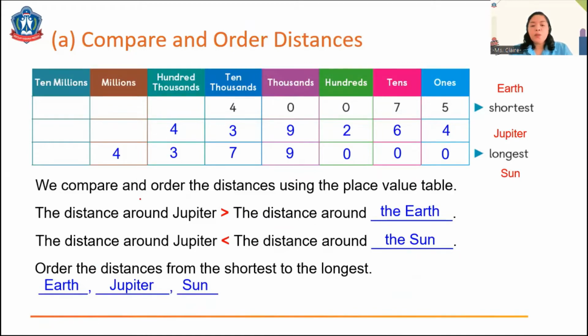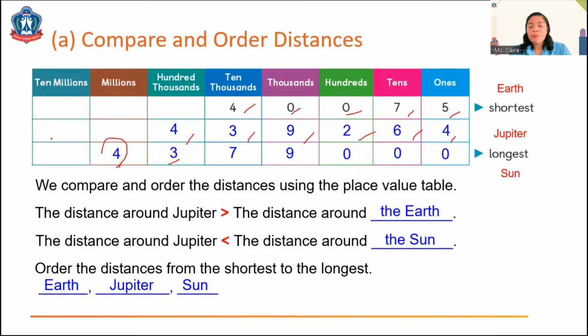So how do we know that the Earth is the shortest or the smallest? Because the Earth consists of only 5 digits. Compared to Jupiter, it consists of a 6-digit number. So the more digits a number has, the bigger or greater the number is. And the Sun consists of 7 digits because it reaches million.